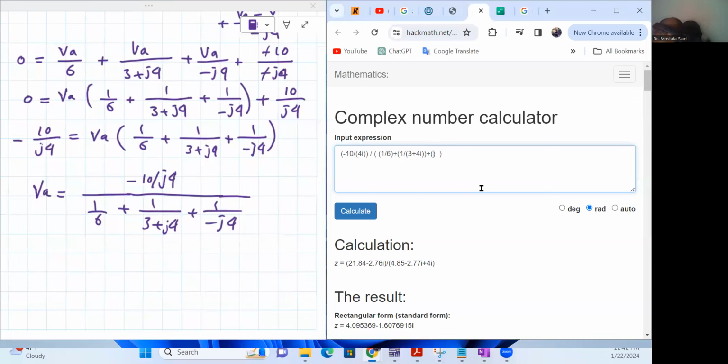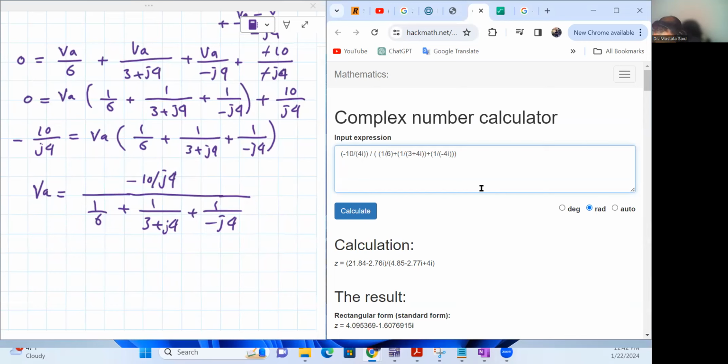Finally, 1 divided by parentheses minus 4i. Let's review. The numerator minus 10 over 4i, that's good. The denominator 1 over 6, 1 over 3 plus 4i, that's good, plus 1 over minus 4i, that's very good.